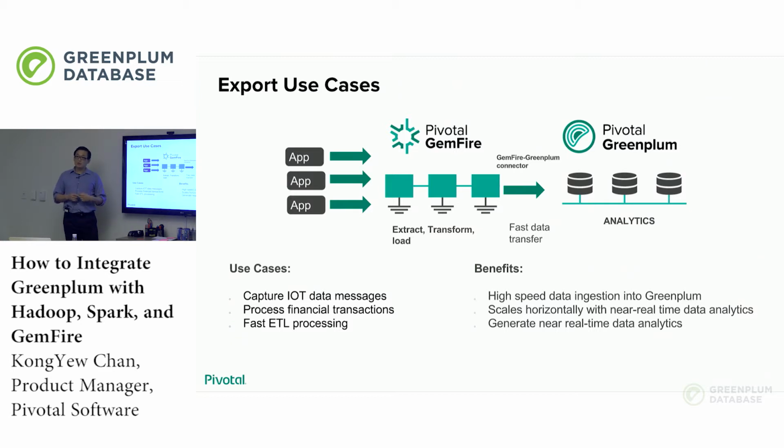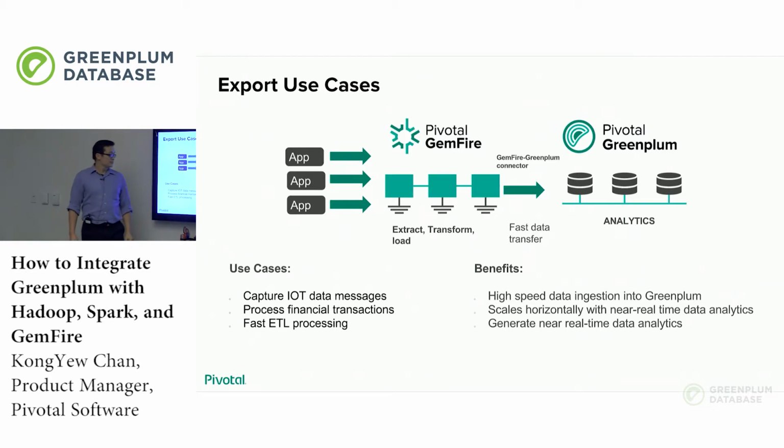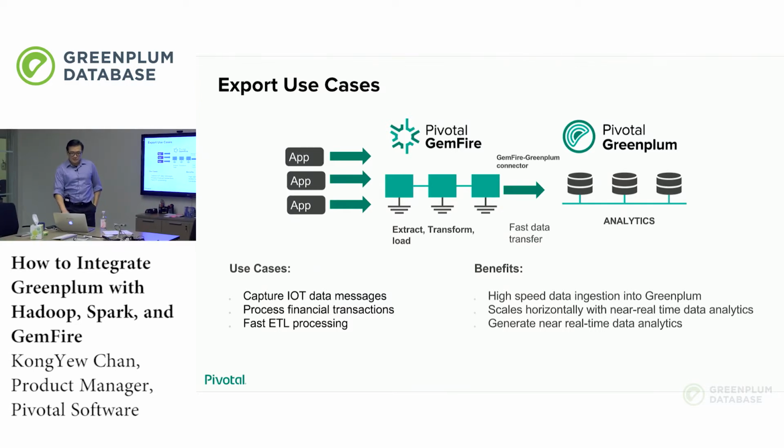You can also write processing mechanisms to transform, reformat, or consolidate the data before transferring it back into Greenplum. That allows you to stream a large volume of data into Greenplum. And once you get the data into Greenplum, you can use Greenplum's parallel processing capability to generate analytics.